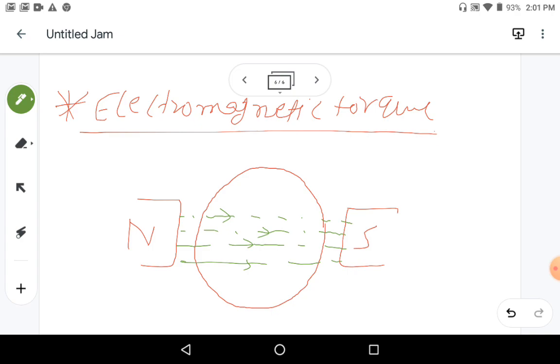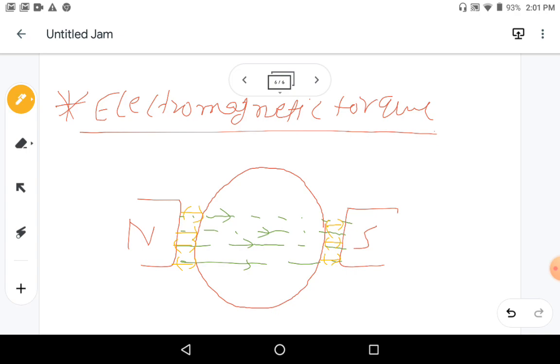In a cylindrical type rotor, there is no reluctance torque because at each and every position the air gap is equal. From this position to this position, this position to this position, the air gap is equal.